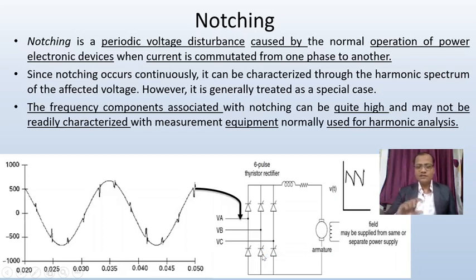So basically when this shifting occurs, notching is created, and this notching signal looks like this. There is very slight deviation of the waveform, but still it is continuous in nature. That means it is just like harmonics.